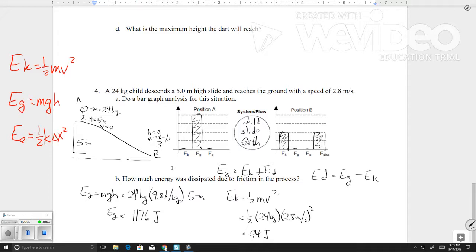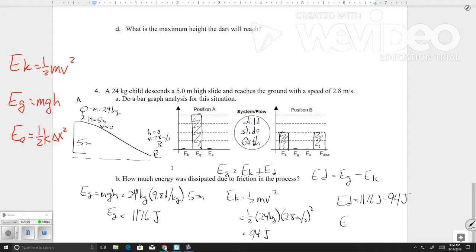If I look at that, the amount of kinetic energy at the end would be much smaller, and if I was to reset those bar graphs, dissipated energy would be much higher. So ED is going to be EG, which is 1176 joules, minus 94 joules.